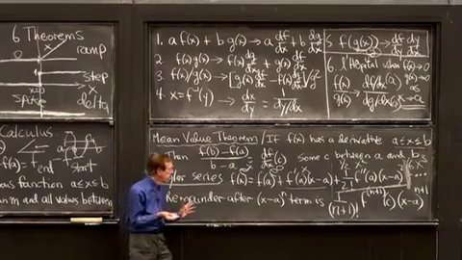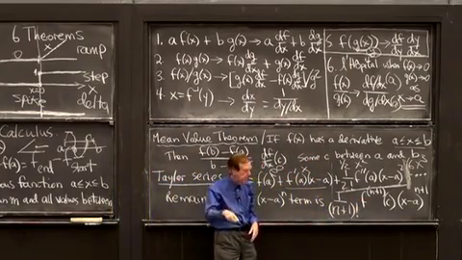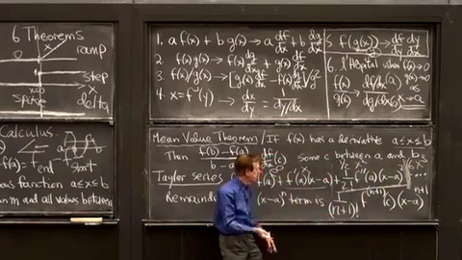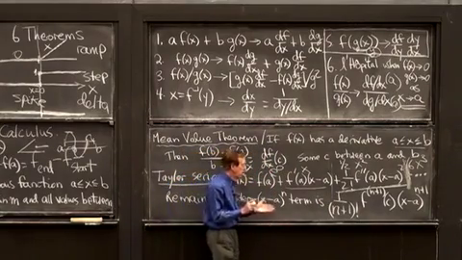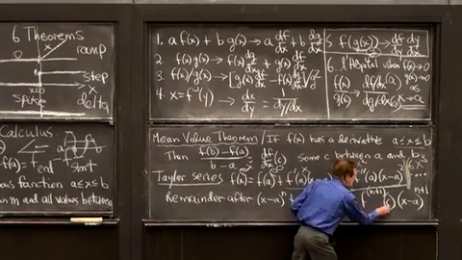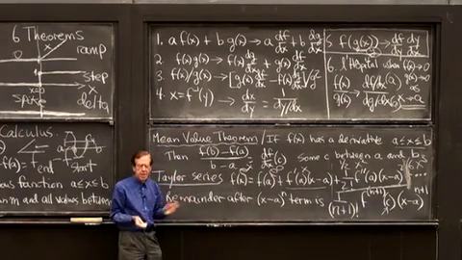And of course that error depends on what the third derivative is, the one I skipped, the x minus a cubed, the thing I skipped, and the 1 over 3 factorial. And this third derivative is at some point between a and x.